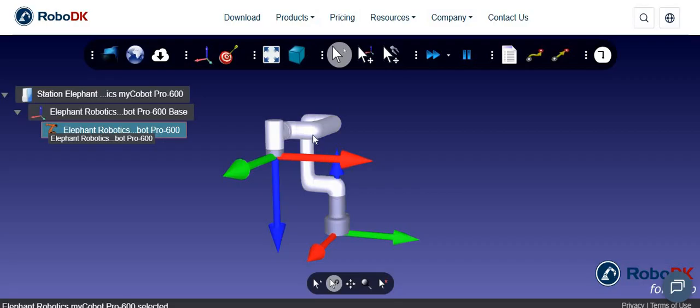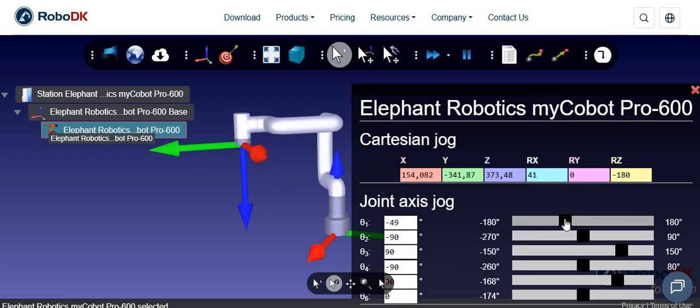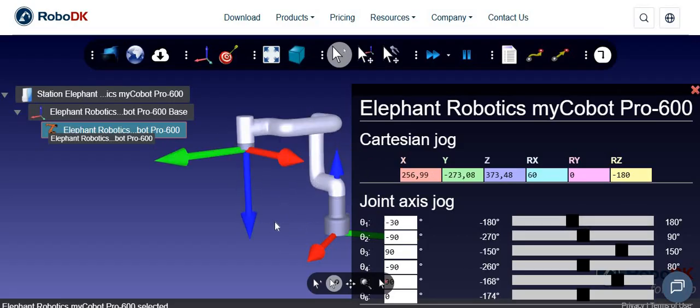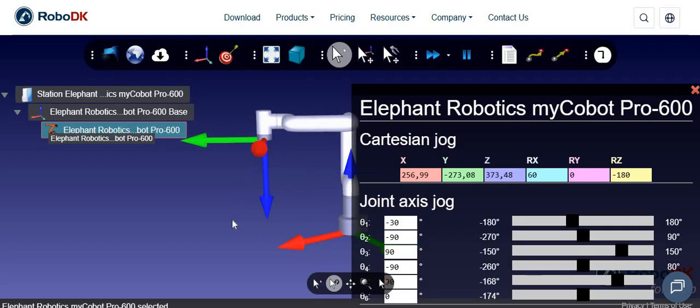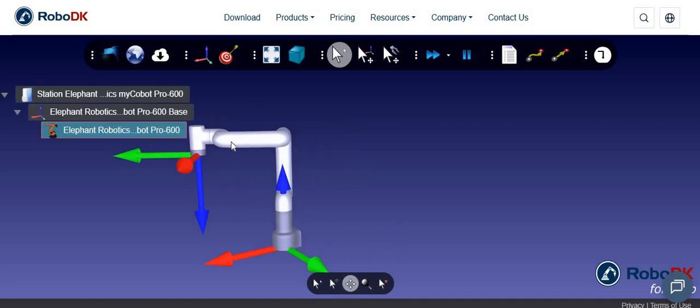And double click on the robot body, and right here we can change its axis, the position and orientation of the joints, which will change the position and orientation of the axis. Let me place right here, double click. Let me change the orientation.